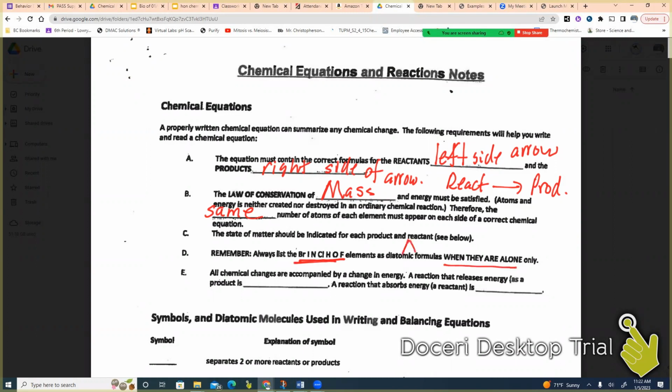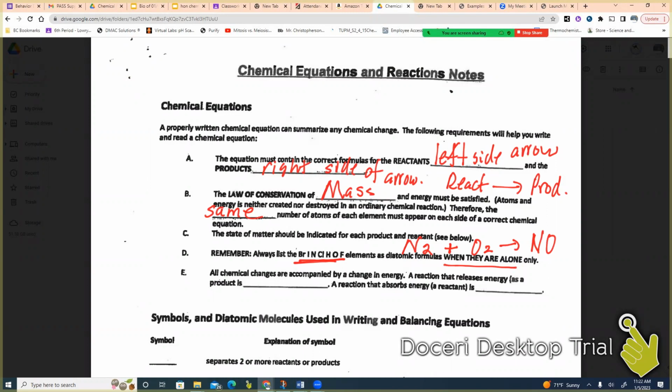So in other words, if I have nitrogen plus oxygen as reactants, they're by themselves, so they exist as diatomics. But when they come together and are part of a compound, now you don't have to necessarily worry about them being diatomics or having a subscript of 2. Now they're both stable because they're bound with another atom of a different element.